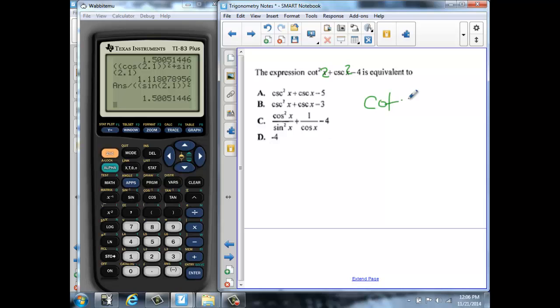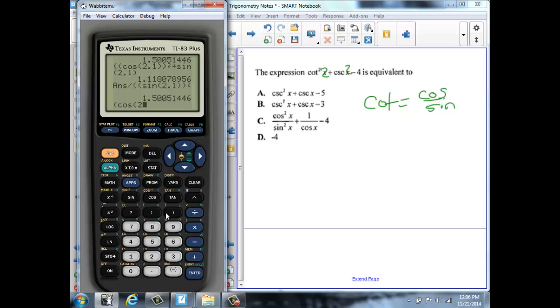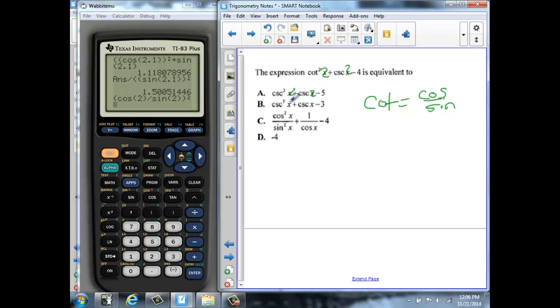So cotan is really a cos over a sine. So I'll do a bracket, a cos of 2 over a... How are you supposed to know, when you plug this into your calculator, if it equals any of those? Well, because then we're going to have to plug 2 in for each of these x values as well and see which one is the same as each other.